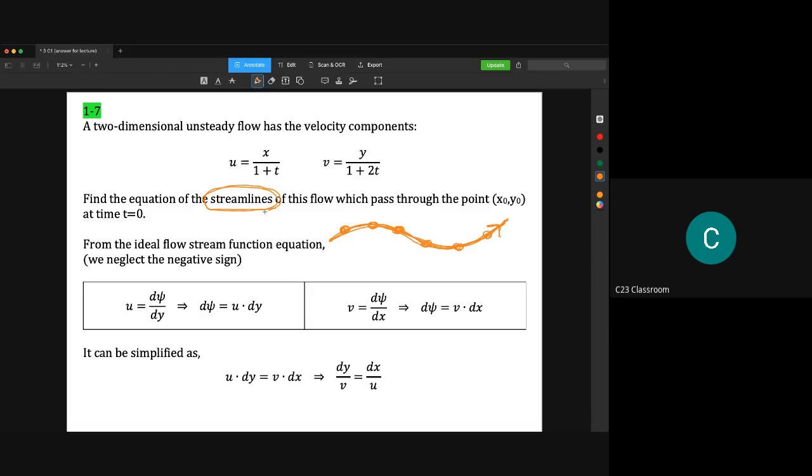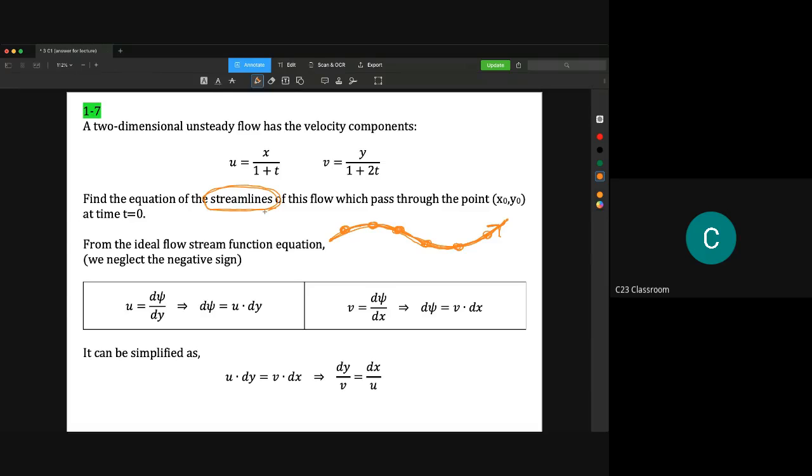So the idea is we get the velocity first, then we create the equation for the streamline. Then we compare the streamline from our calculation with the real streamline that we get from the smoke generator, to validate whether our equation is correct or not.